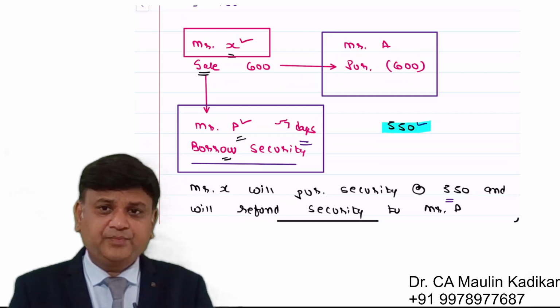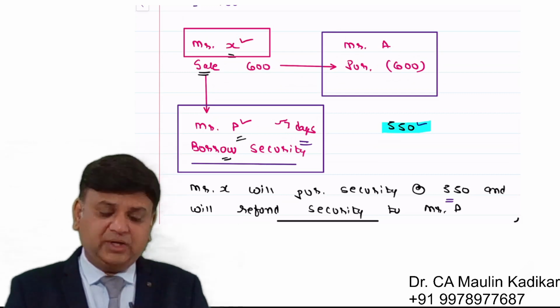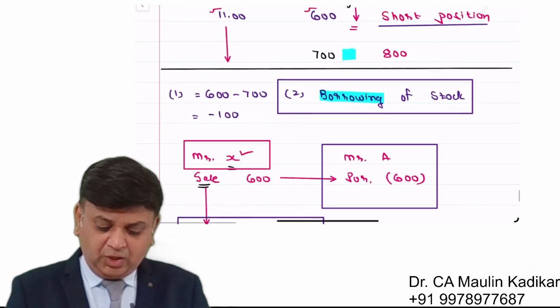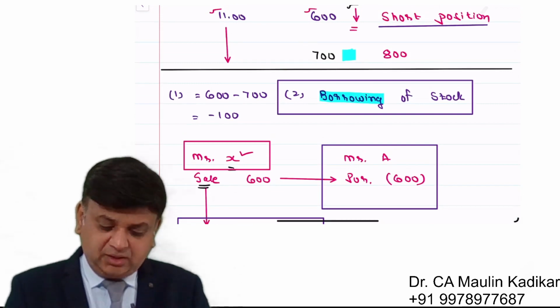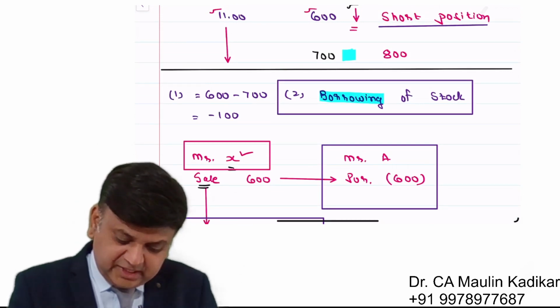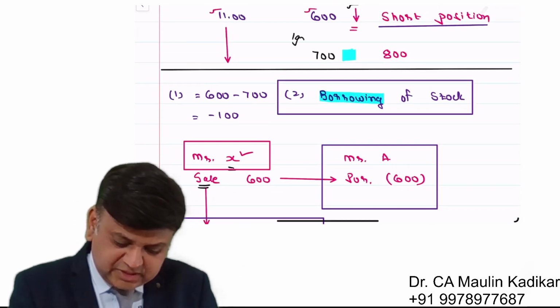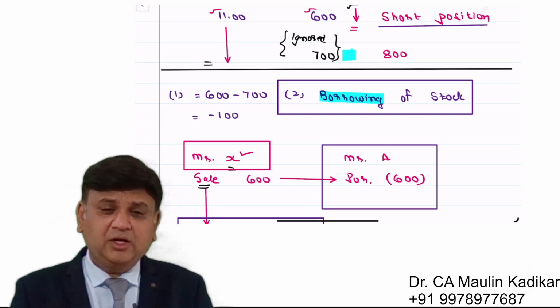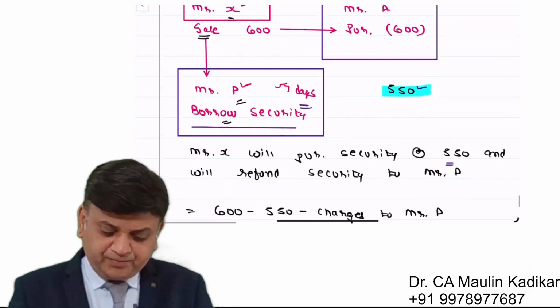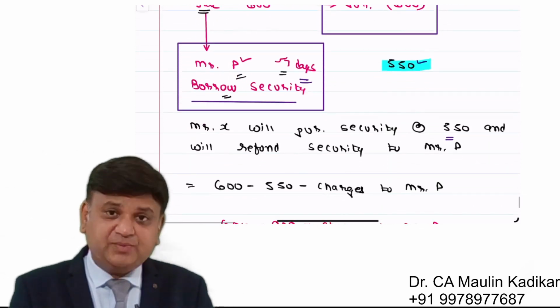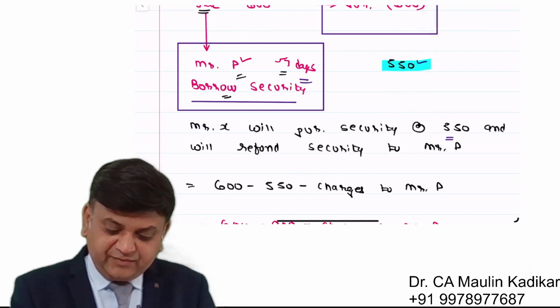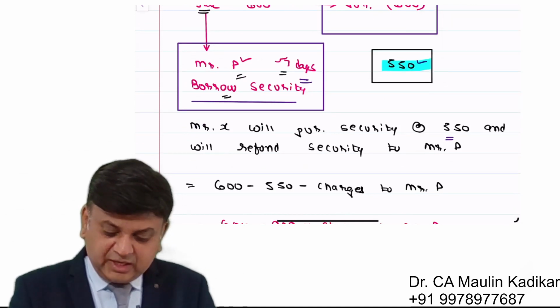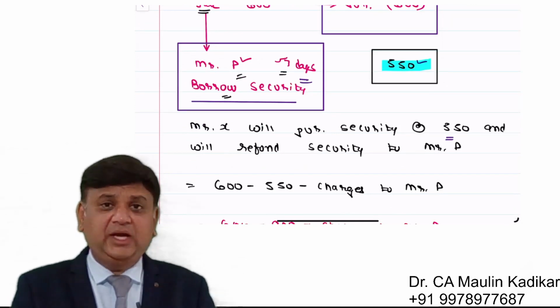One more important point over here is that throughout the explanation, you must have observed that I have ignored this 700 rupees, the price of the security at the end of the first day. What I want to tell you is that during this 7 days time period, if the price is falling down, in that case Mr. X will gain.